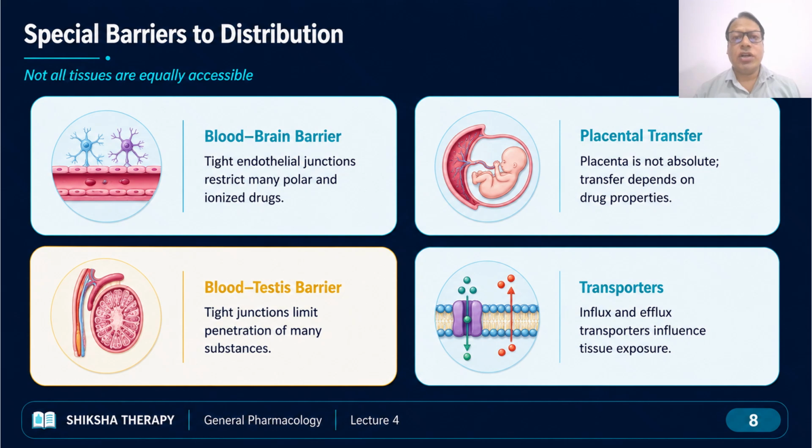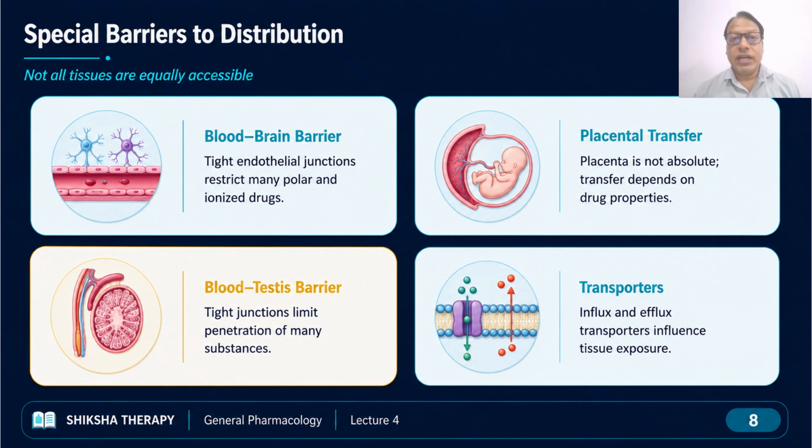Drug distribution is also affected by special biological barriers like the blood-brain barrier, BBB as we also call it. This contains tight endothelial junctions that restrict the entry of many polar and ionized drugs into the brain. The blood CSF barrier also limits the penetration of many substances.